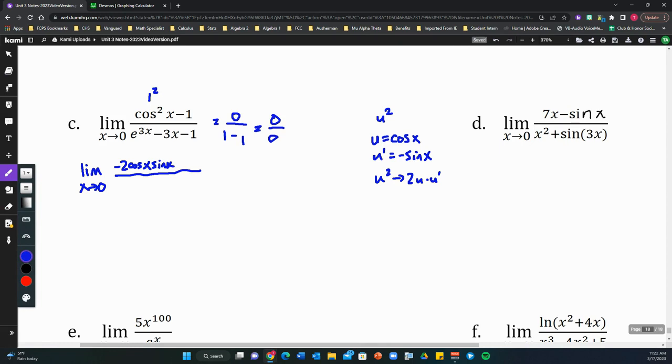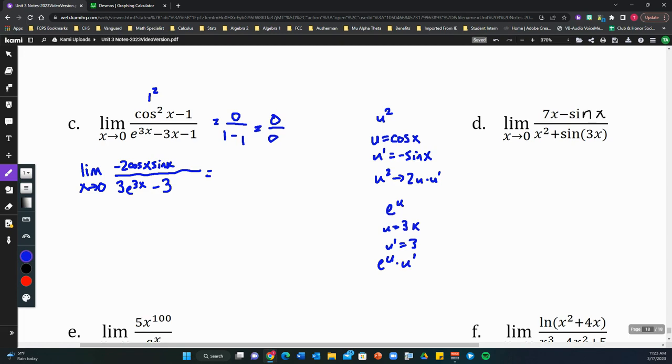And now for the bottom, e to the 3x, that is really an e to the u, where u is 3x. U prime then would be 3. So this is going to turn into an e to the u times u prime. So we get 3e to the 3x. Derivative of negative 3x is just negative 3, and the constant disappears. So now we can try our limit again.